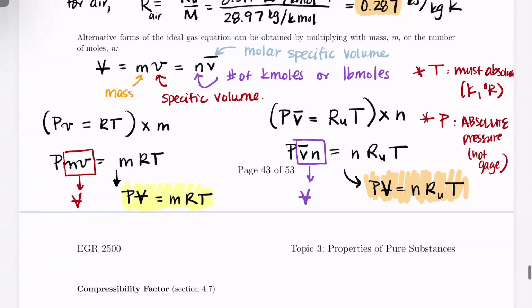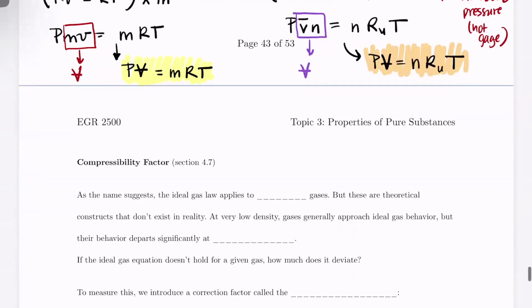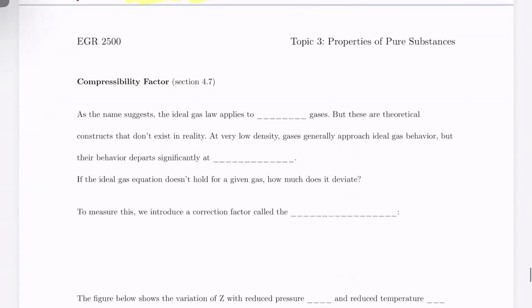All right. Now we're going to talk a little bit about compressibility. The ideal gas law is called the ideal gas law because it's only applicable for ideal gases, as the name suggests. So in this section we're going to discuss the difference between an ideal gas and a real gas.